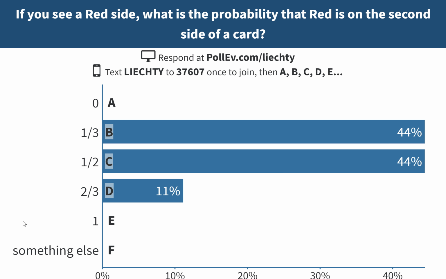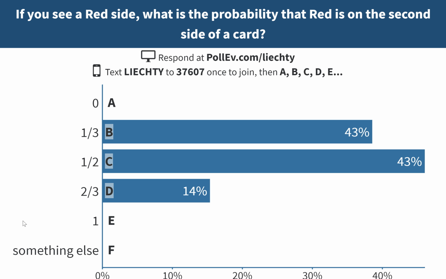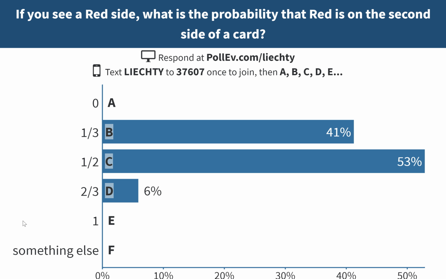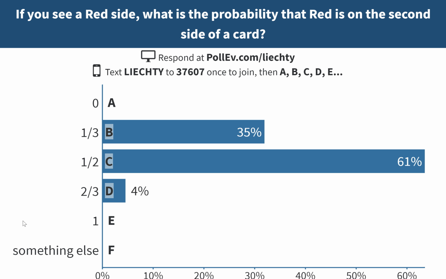All right, so make sure you get the scenario correct. You reach into the hat, you pull it out, you see a red side. You've got to tell what's on the other side to win the prize. So what's the probability? So think about this in terms of information. There's going to be some information that you gain by pulling out a card and seeing one side.